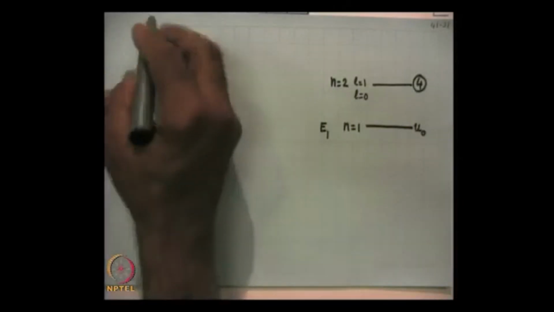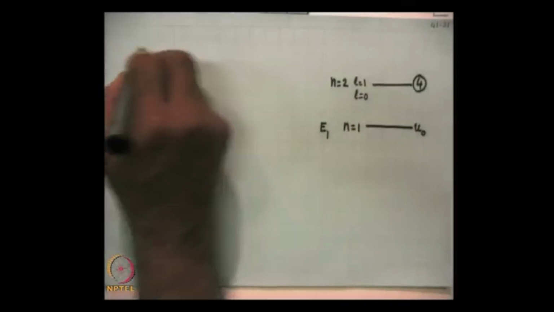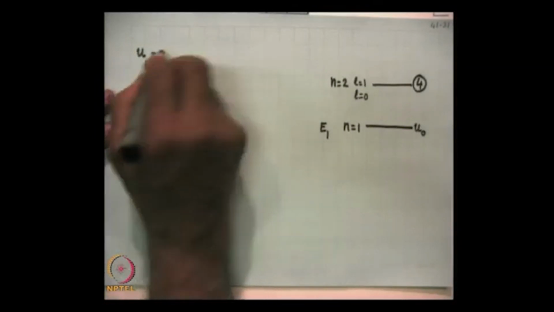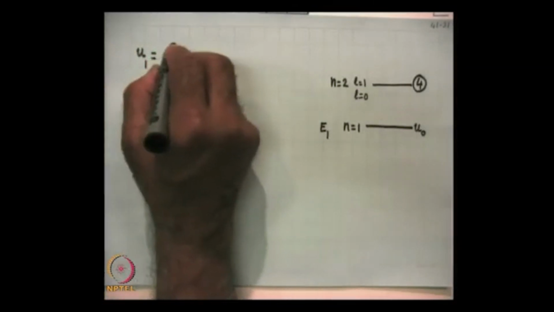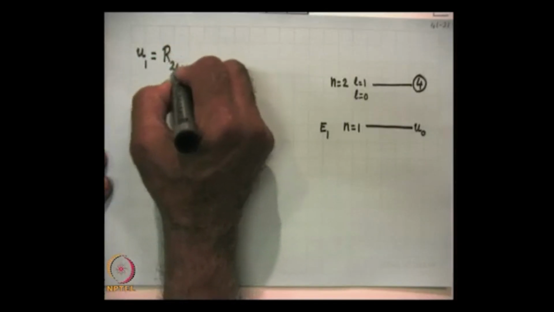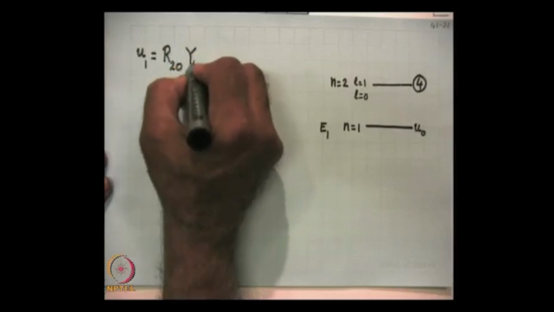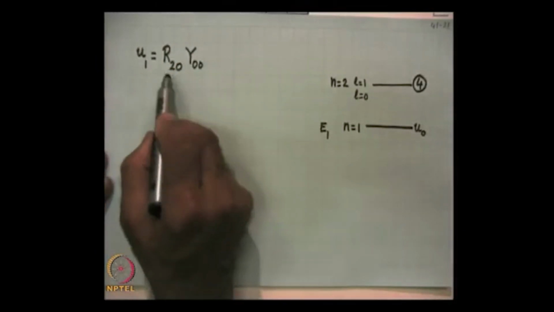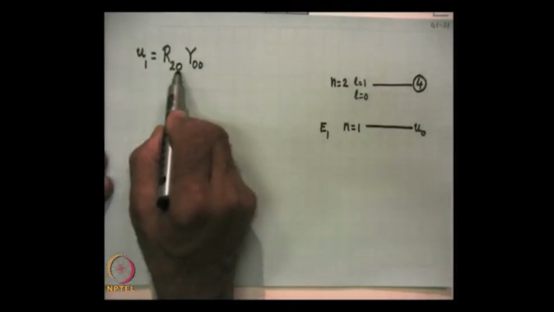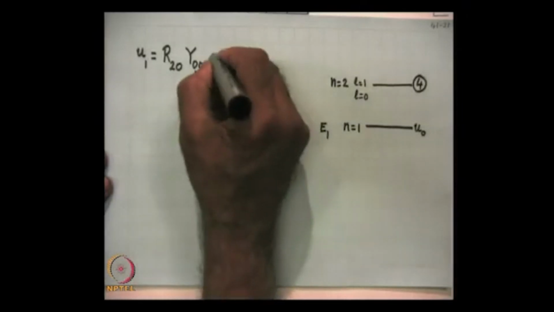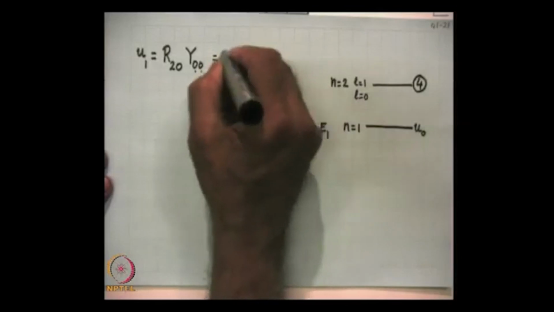So, you will have 4 wave functions. u1, first let me consider that L is equal to 0. So, R20 Y00. n is equal to 2, L is equal to 0, and when L is equal to 0, m must be 0. So, Y00 is nothing but under root of 1 over 4 pi.